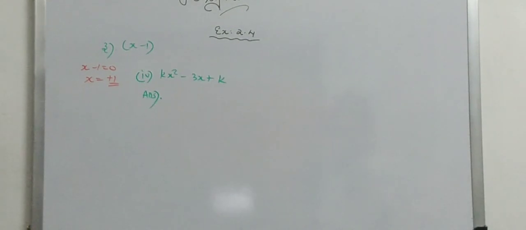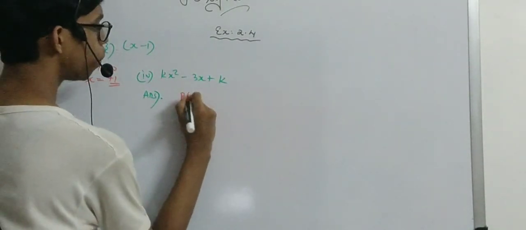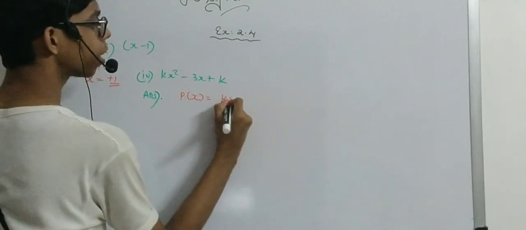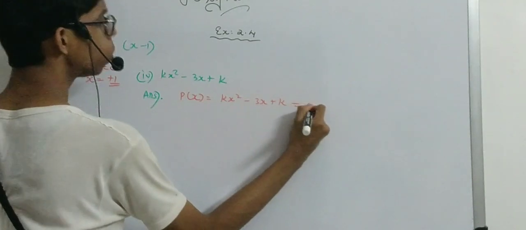Okay, so now the fourth one is p of x is equal to kx square minus 3x plus k. Now here also, since it is the factor of this, we can write p of x is equal to kx square minus 3x plus k equal to 0.